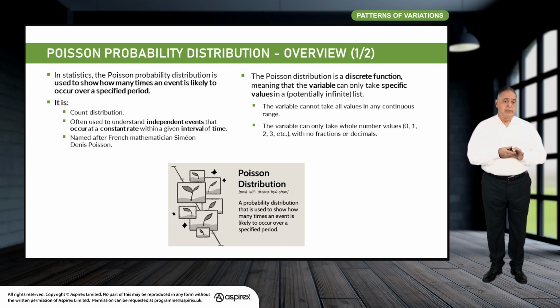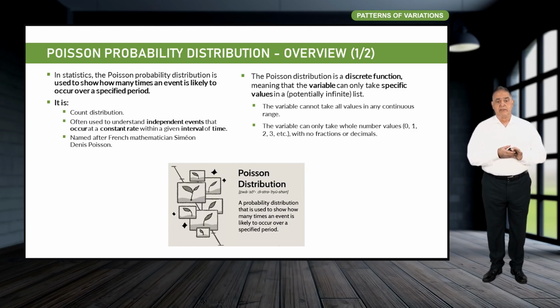The Poisson distribution has been named after a French mathematician, Denis Poisson. This type of distribution is a discrete function, meaning that the variable can only take specific values in a potentially infinite list of values.